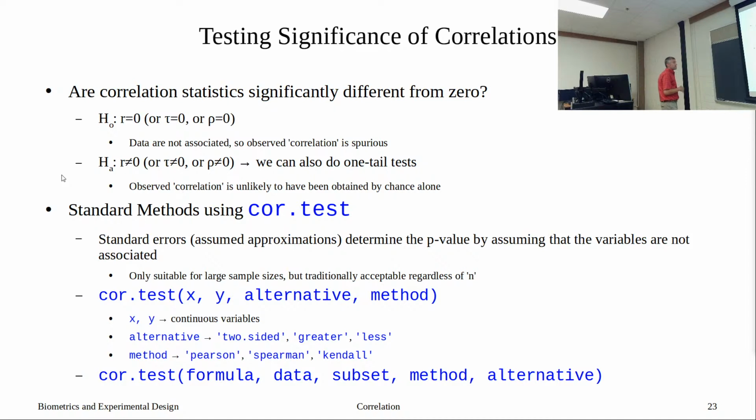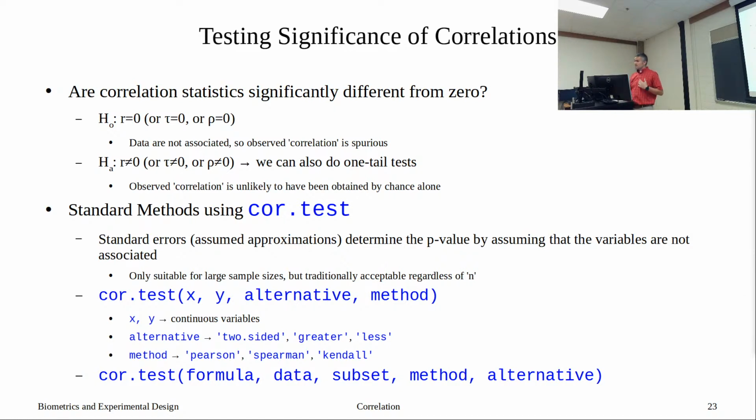Well, the standard method is to use cor.test, a built-in function. The standard errors that it uses to calculate p-values make the assumption that the variables are not associated in any way. Because we're assuming those standard errors, it's probably better to have large sample sizes in order to use this test.